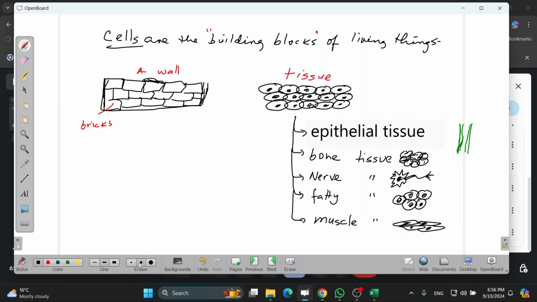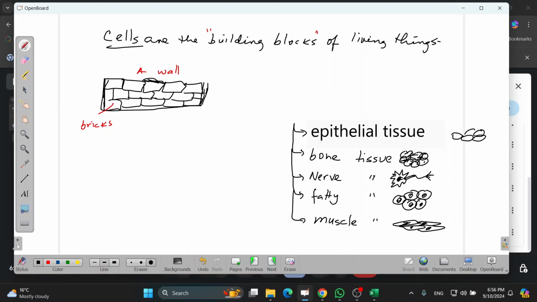Guys, look at what we have here. We have epithelial tissue made up of epithelial cells. We have bone tissue made up of bone cells grouping together. We have nerve tissue made up of neurons grouping together. Like these two, for example.